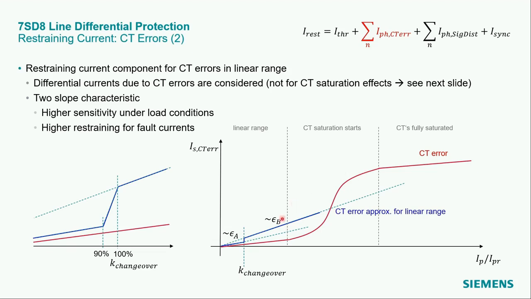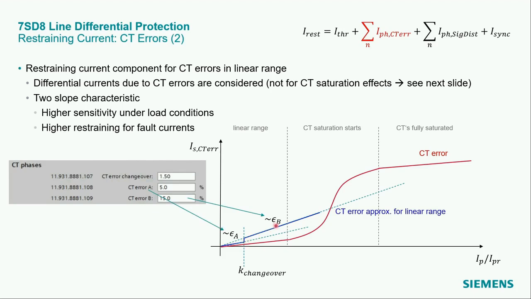A two-slope characteristic, I zoomed in, is used to approximate the CT error in the linear range. Up to a settable changeover value, K changeover, the factor CT error A and CT error B are used for the compensation.